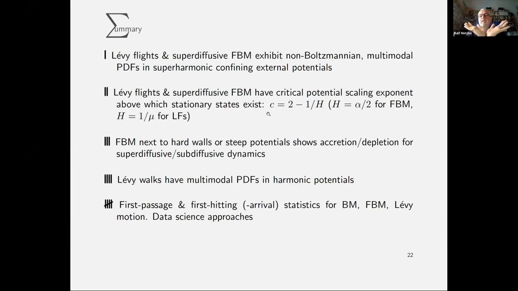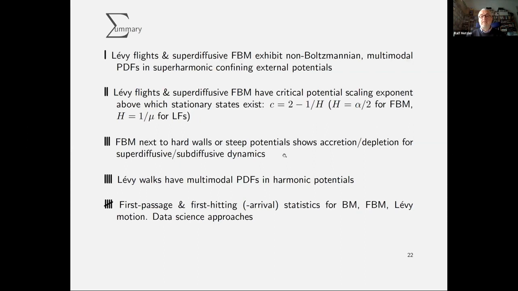And if the potential gets too shallow, it can no longer confine persistent fractional Brownian motion or Levy flights. So that's quite a remarkable property, and especially both processes share the same value for the critical exponent if we express it in terms of the similarity index.